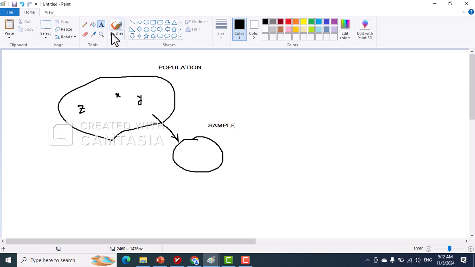As I said, we cannot study the population directly because sometimes it's impractical and sometimes impossible to study all elements in the entire space. Instead, we draw a sample from that population and study the sample instead of the population. So let us return to the slides.